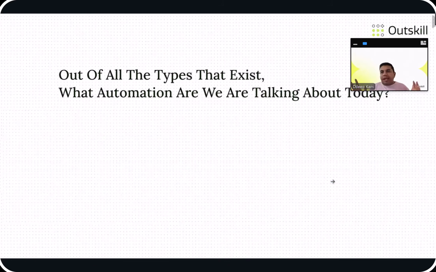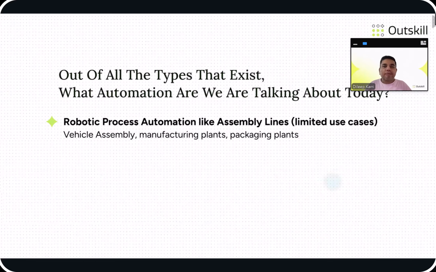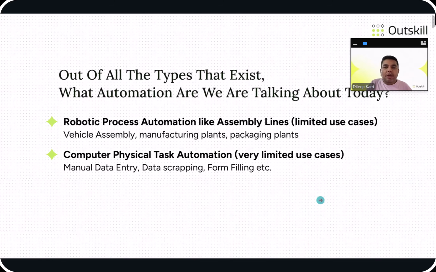Out of all the types of automation that exist, what automation are we talking about today? The first is robotic process automation, which is in vehicle assembly, manufacturing plants, the packaging plants, etc. Second is computer physical task automation, where you have manual data entry, data scraping, and form filling.